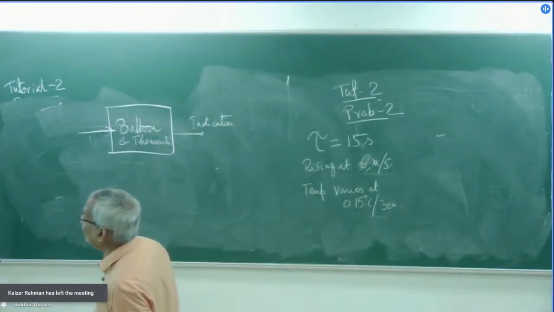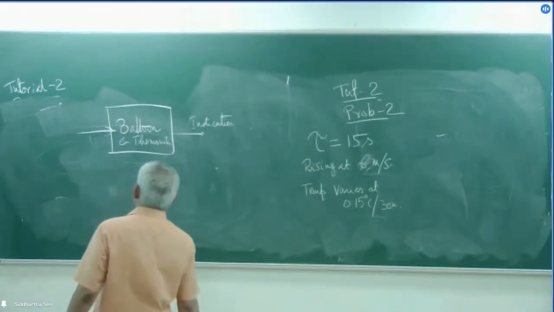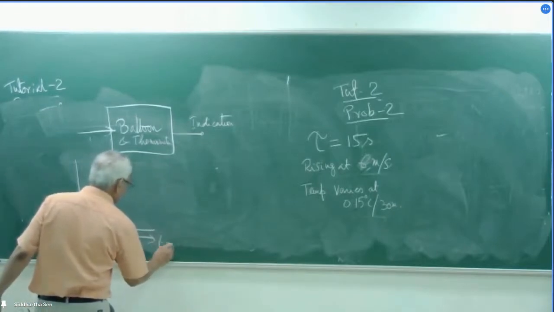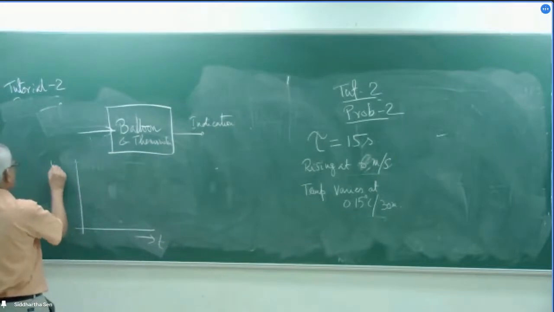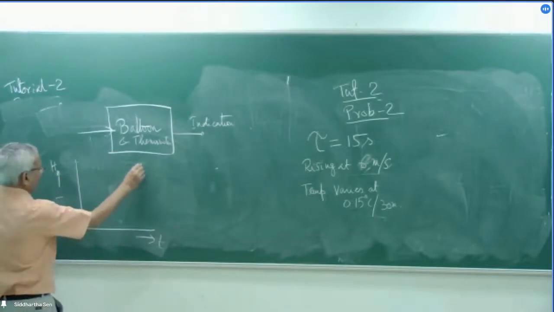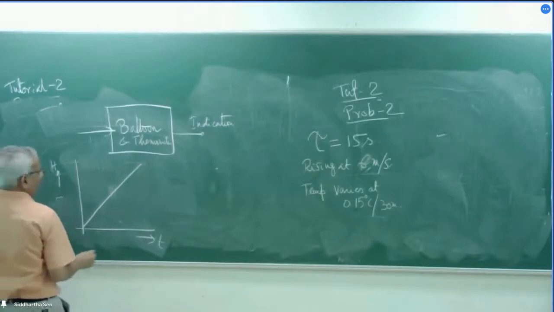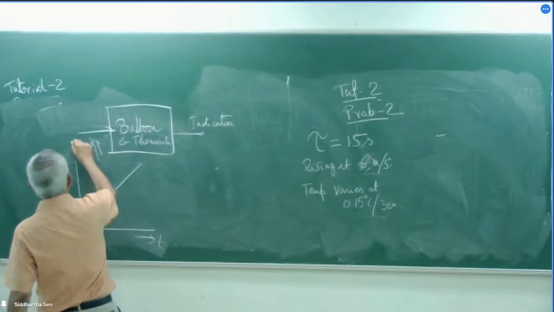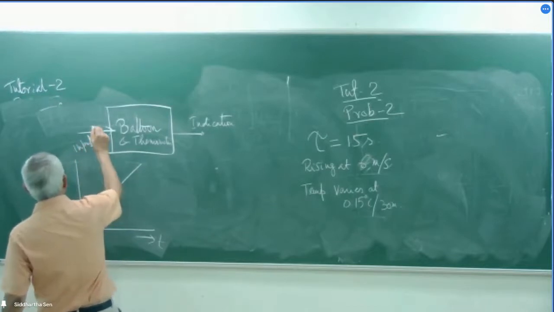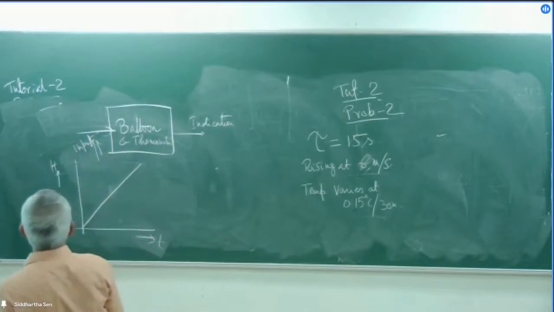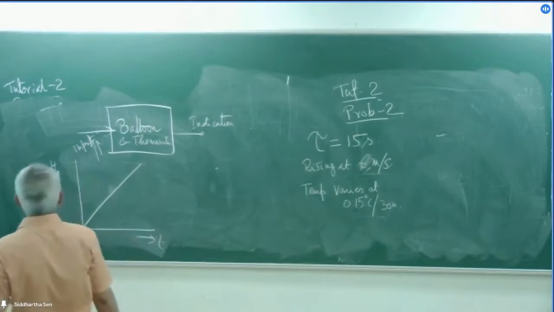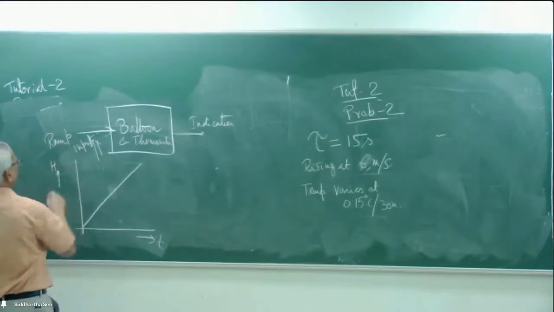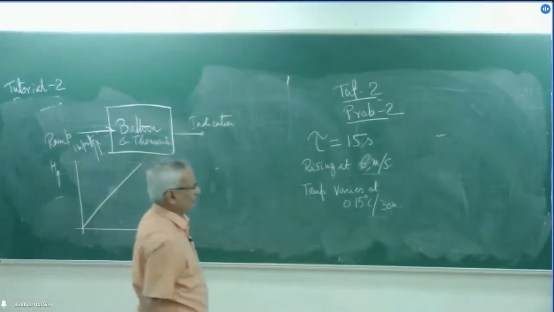That means it is changing with time, and this is your input. So what type of input is it? What will we call it? Ramp input. Now we come back to this one.